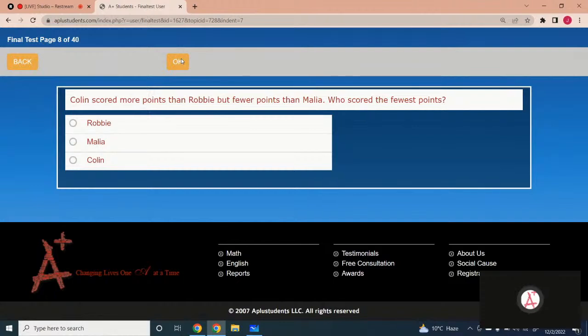Okay, Colin scored more points than Robbie, but fewer points than Melia. Who scored the fewest points? So who has the fewest points?